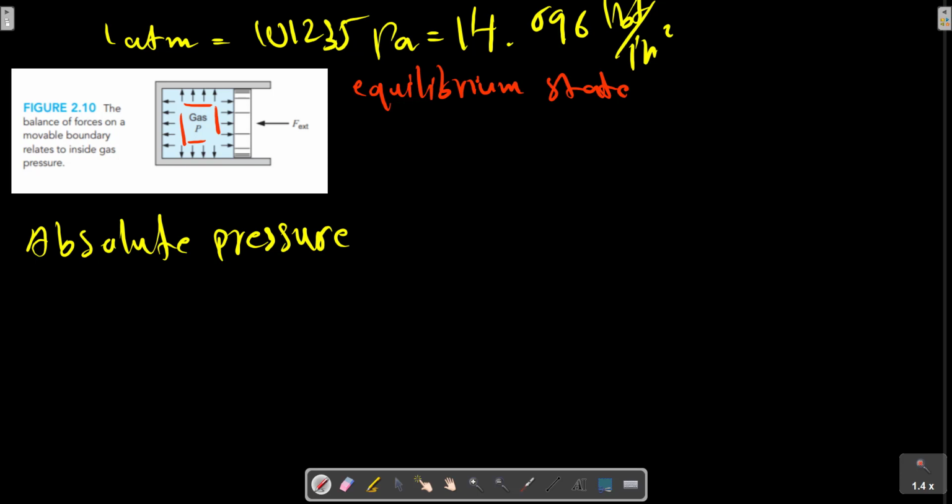Most pressure and vacuum gauges, however, read the difference between the absolute pressure and the atmospheric pressure exerted at the gauge.